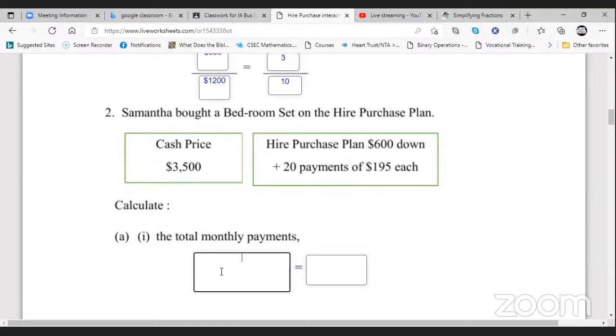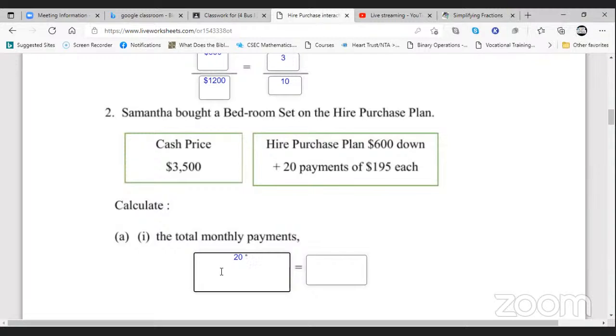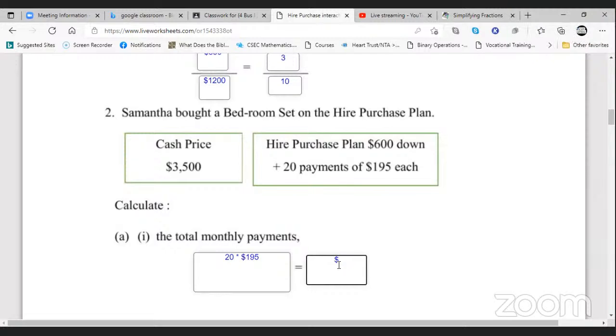20 times 600? No. Try again. 20 times what? 195. How much is that equal to? $3,900.